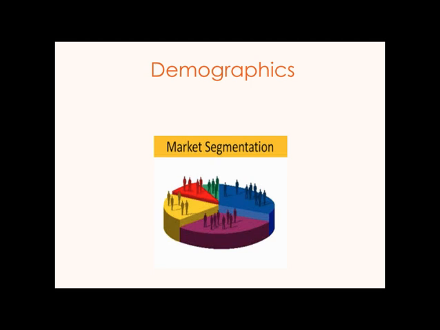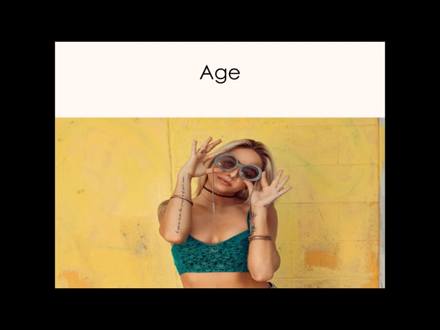The easiest and most widely used way to segment a market is in terms of demographics. Demographics simply refer to the observable aspects of a population, characteristics of your customers that are fairly easy to describe and to observe. One of these is age.